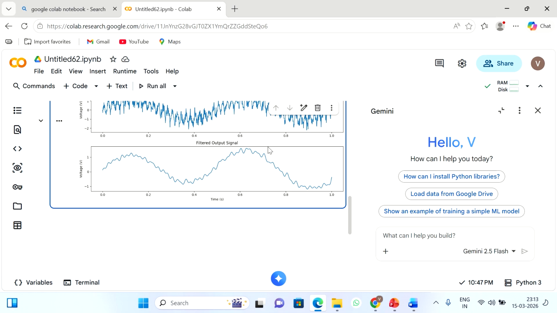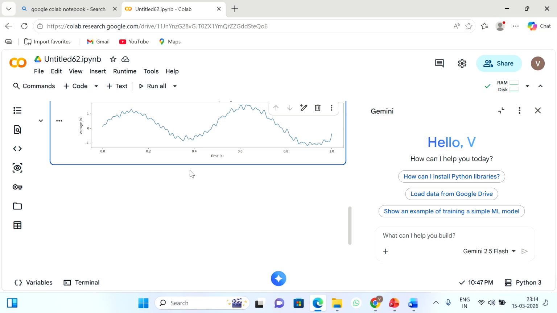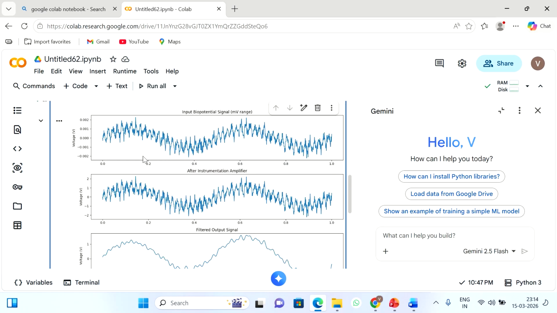So the weak signal is amplified. And then filtering is applied using a band pass filter. Finally it will display the raw input signal, then the amplified signal, and then the filtered signal. In simple words, it shows how a weak biomedical signal is captured, then corrupted by noise, then amplified, then cleaned using filtering. This is very useful in ECG, EEG, EMG and other biomedical instrumentation systems.